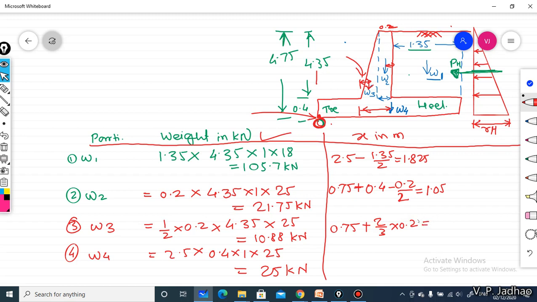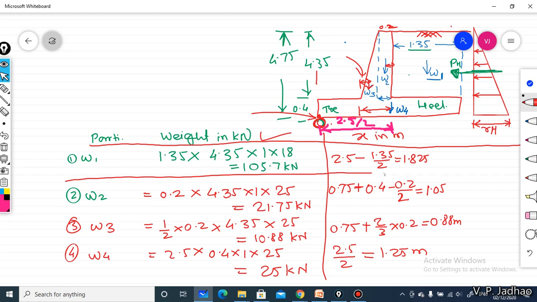So this comes out to be 0.88 meter. And finally W4 will be acting at a distance of 2.5 by 2, which gives 1.25 meter.